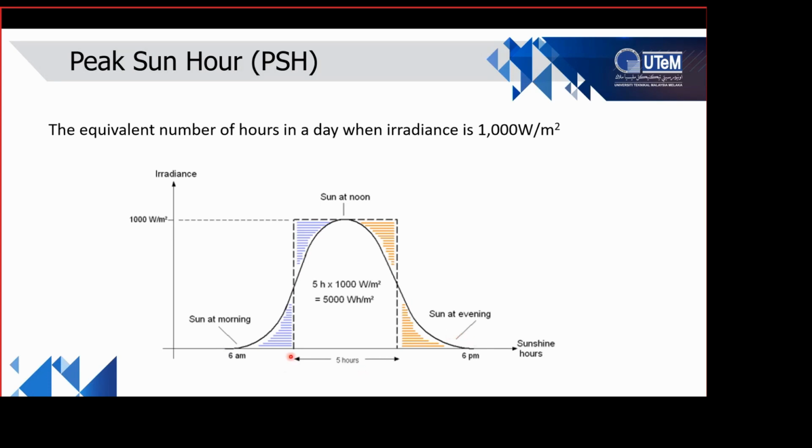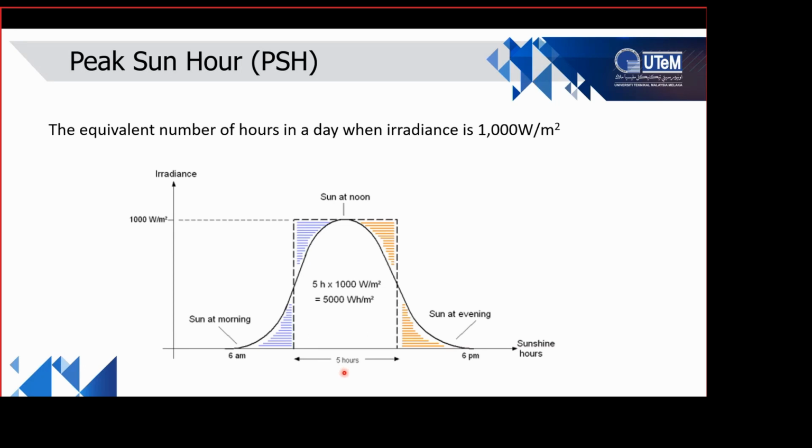Basically, we want to convert the area under the curve into a box. So we set the maximum limit as 1000 watt per meter squared, and we want to know the total area under the curve, how many equivalent hours. In this graph, the example is 5 hours. So this is the effective sunshine hours in kilowatt hour per meter squared per day.